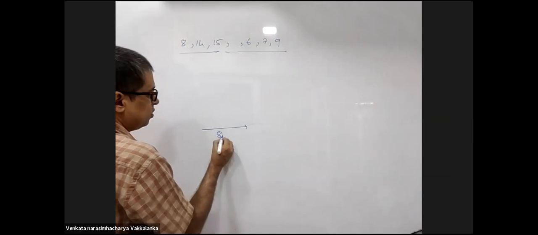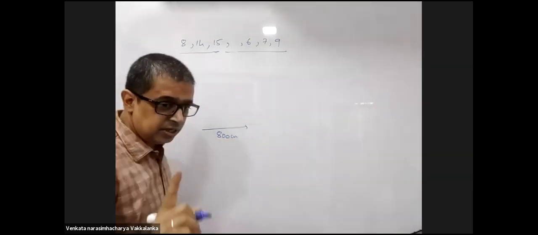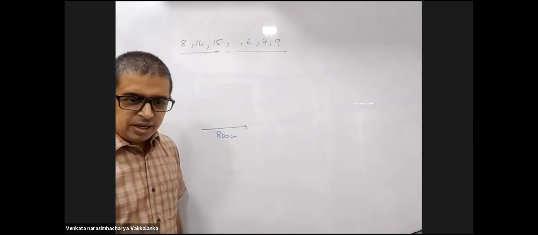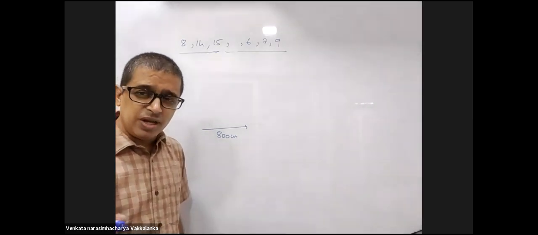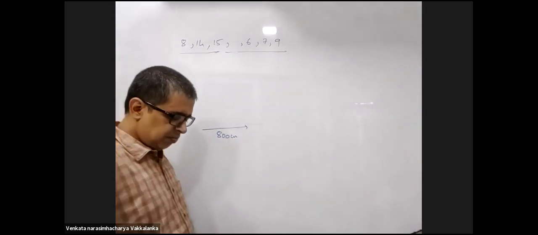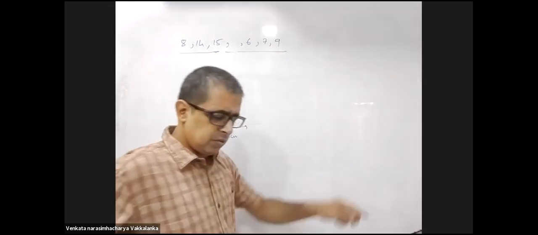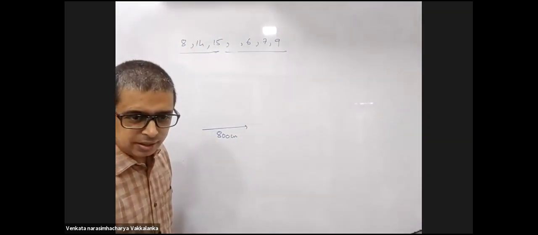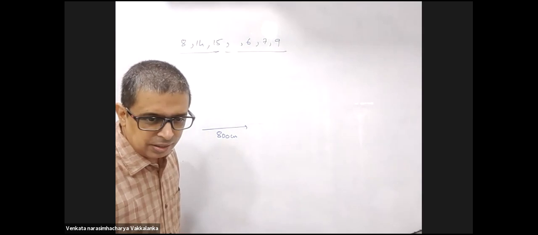Let me take, this is 800 centimeters, 10 steps in one direction, each step is 80 centimeters. So the 10 steps equal 800 centimeters, right? How much is 80 centimeters?